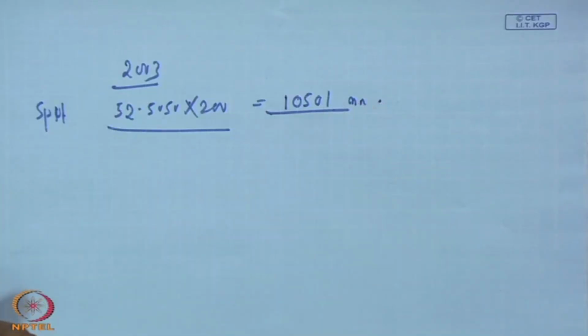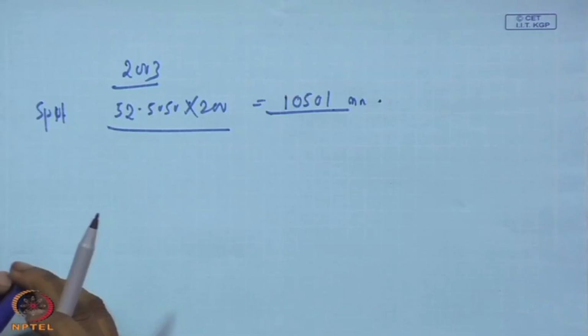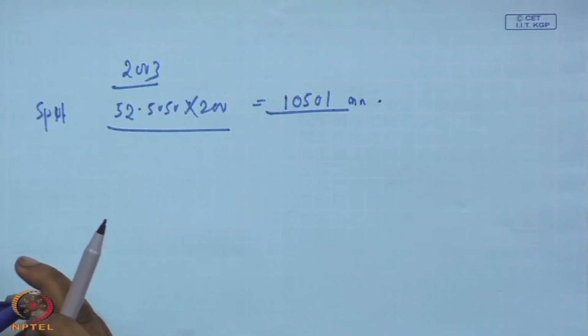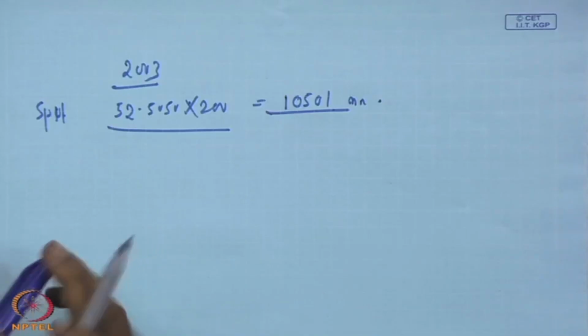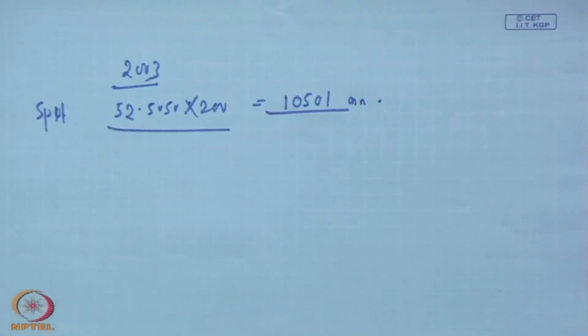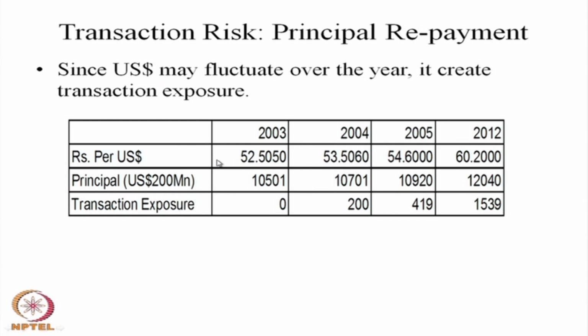Now, in 2004, suppose he wanted to repay. Suppose at that time the dollar is trading at 53.5050. It is not 52.5050 now; it has increased to 53.5050, so there is a transaction risk. Similarly, suppose in 2005 he wanted to repay the loan, the rate will be 54.6060, and the repayment will be 10920.